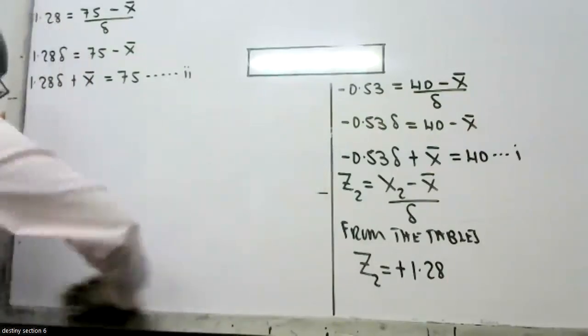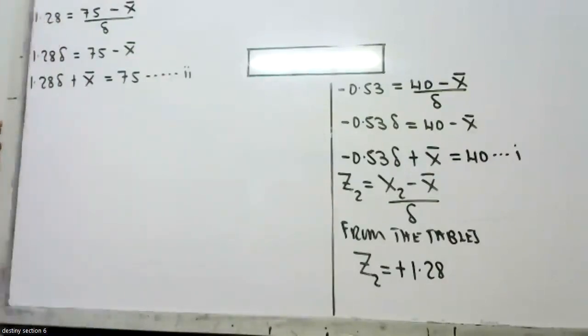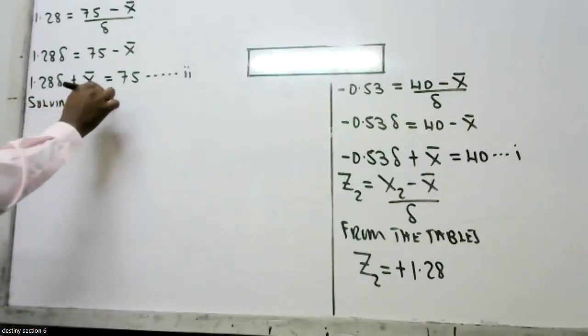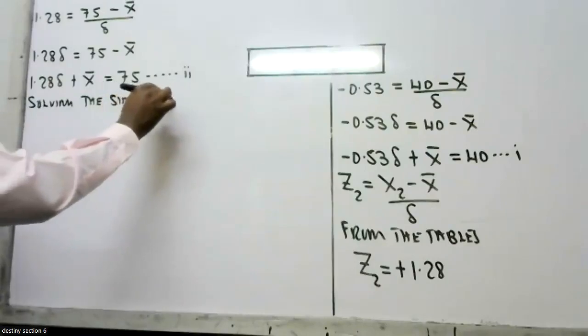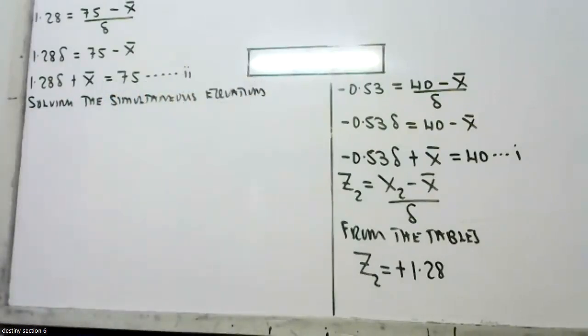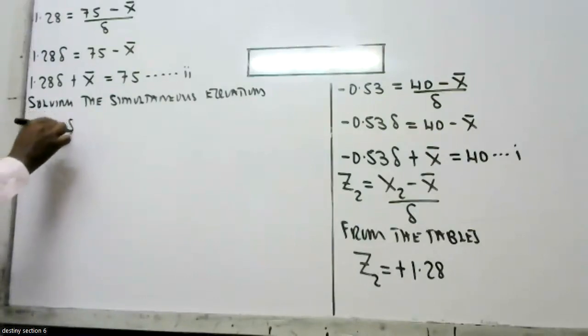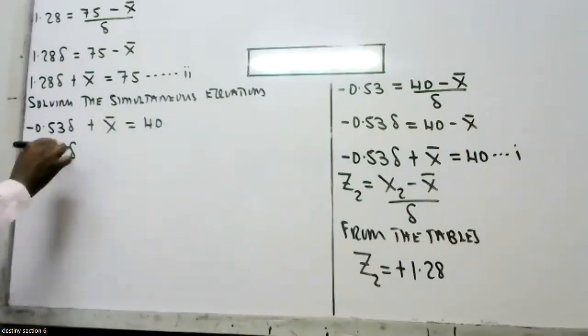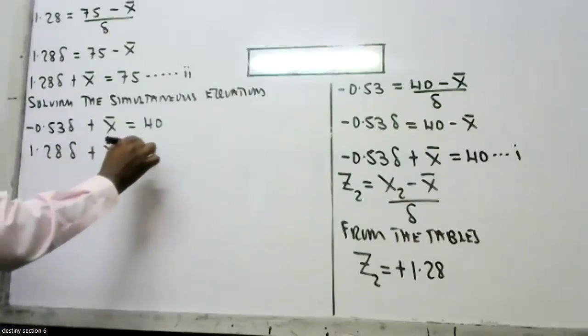So when I have equation number 2, solving the simultaneous equations. I'm going to have minus 0.53 standard deviation plus x bar being equal to 40, and then 1.28 standard deviation plus x bar is equals to 75.